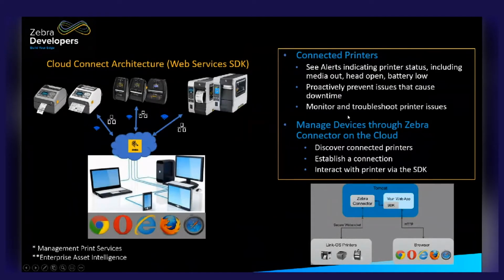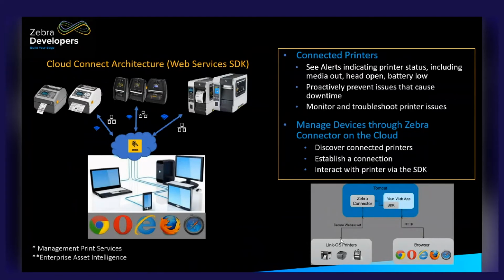So you will be able to discover new printers, establish connection, and work with the SDK to do other operations. The operation basically works from the browser, establishing connection to the Tomcat server, and through the SDK communication is enabled to the Zebra connector, and the Zebra connector will be able to connect through the secure WebSocket to the LinkOS printers.